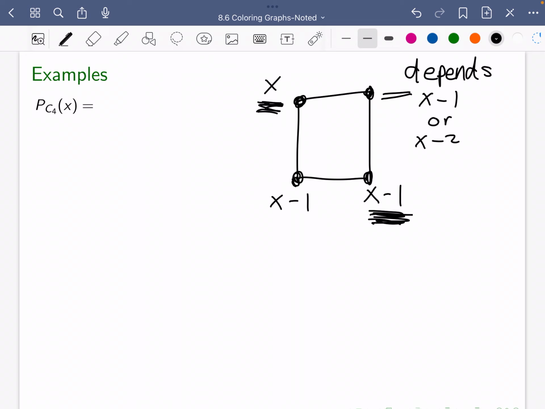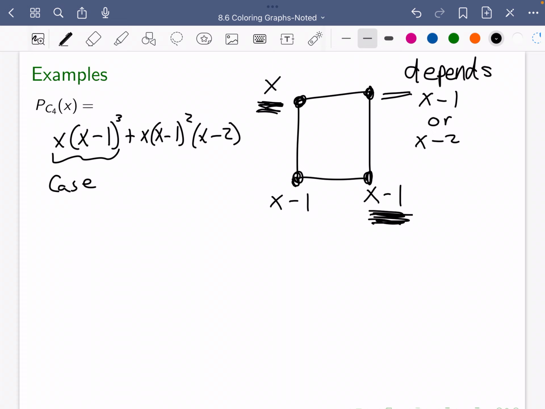Because of that, our chromatic polynomial is going to be the two polynomials added together. So what I mean by that is you could have x times (x minus 1) cubed, or you could have x times (x minus 1) squared times (x minus 2). Those are really the two cases that we have.